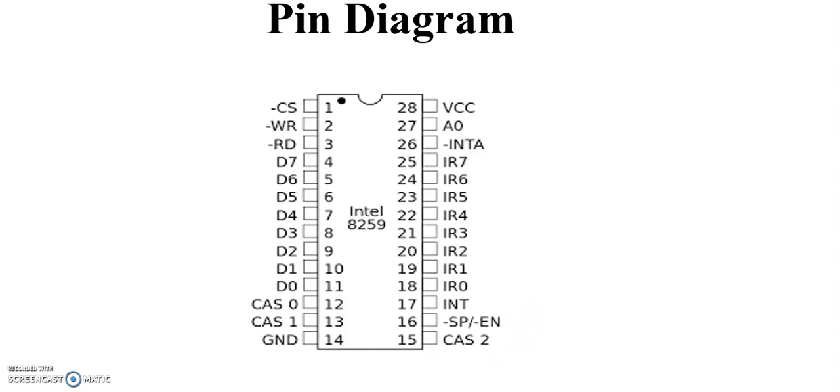Then INT is the interrupt request output, and IR0 to IR7 are the 8 interrupt requests that can be supported. INTA is the acknowledgement, and A0 is the address that says whether the control word or status word is to be accessed.